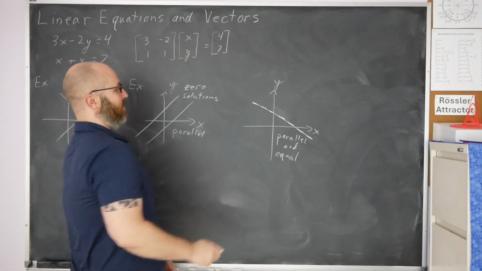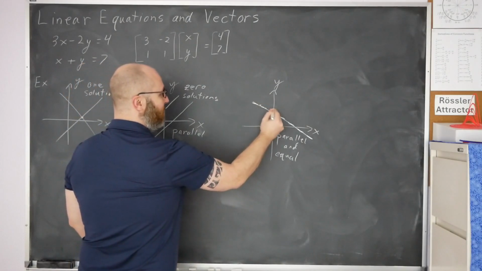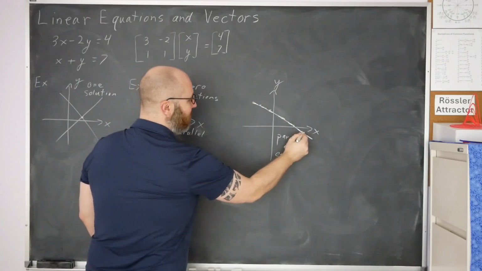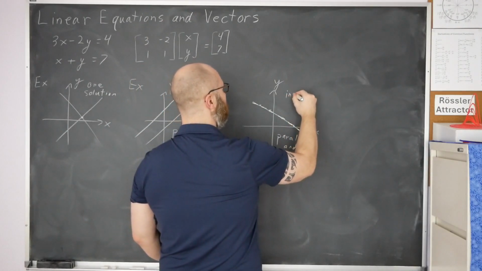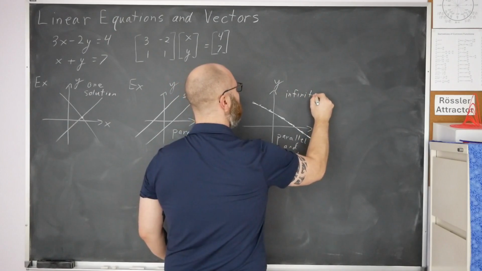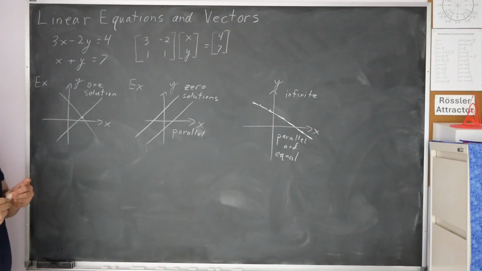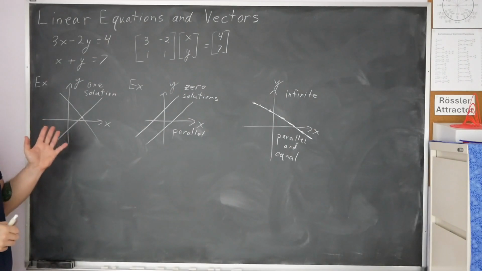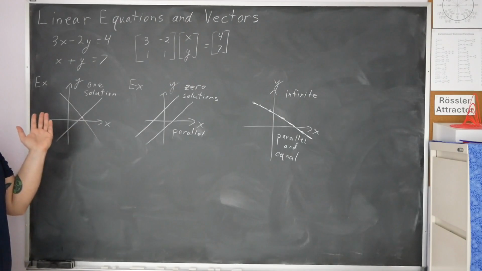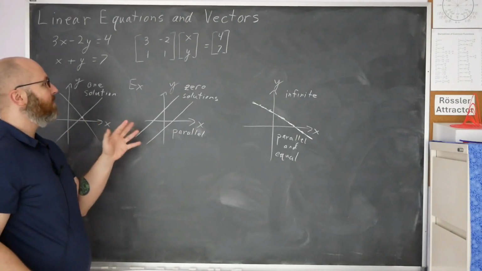So then you have an infinite number of solutions, because that's a solution, and that's a solution, and that's a solution, so you can have infinite. All right? And those are going to show up in different ways through the matrix equations that we solve. We'll get to that in a chalkboard or two.